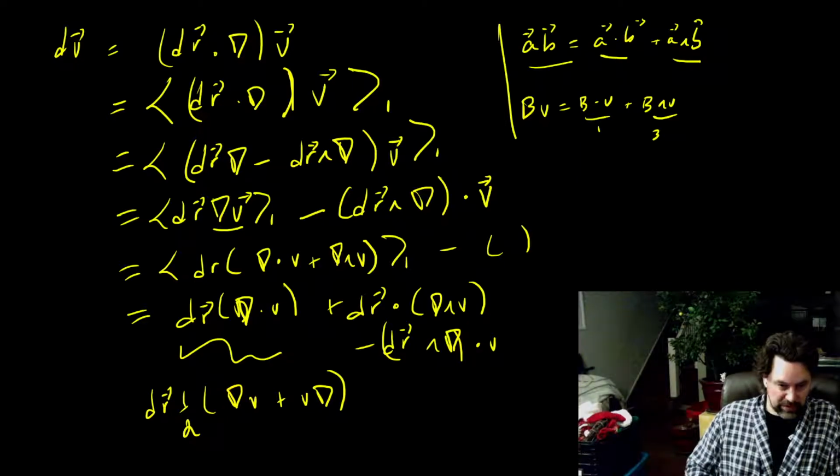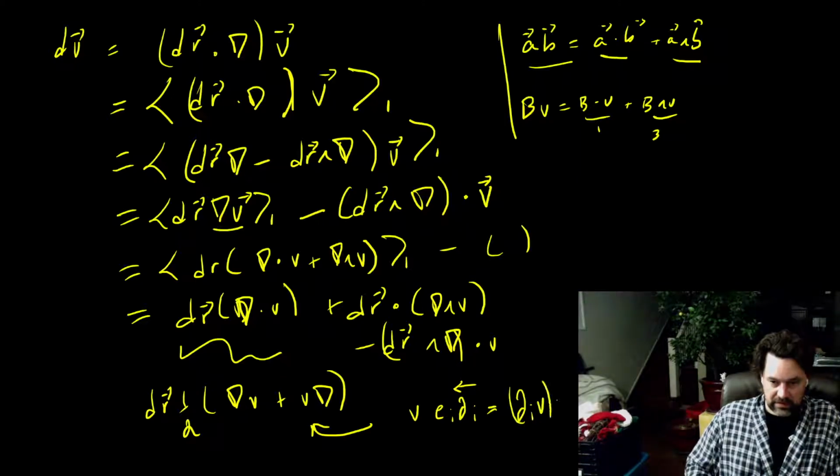And what we really mean by that is, what do we mean by this? This is v e_i d_i, where the gradient is operating on v, which is d_i v e_i.